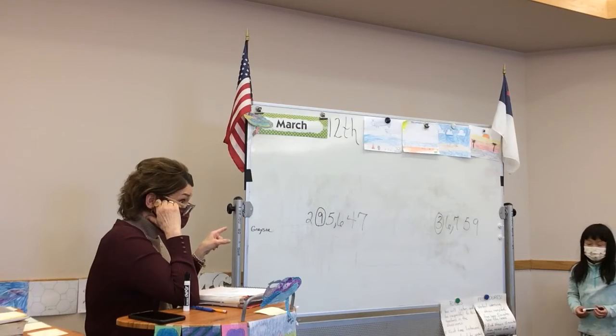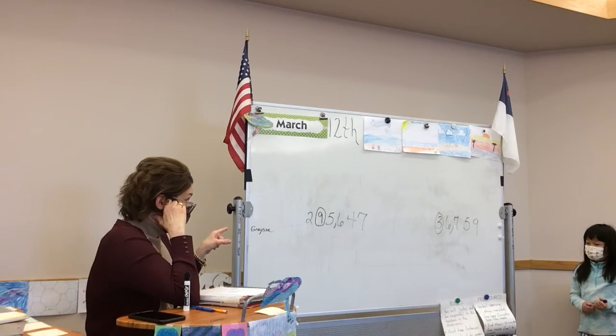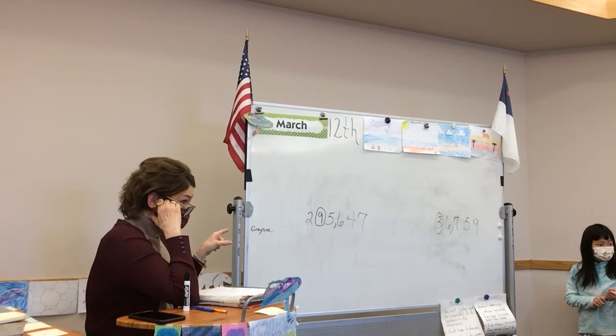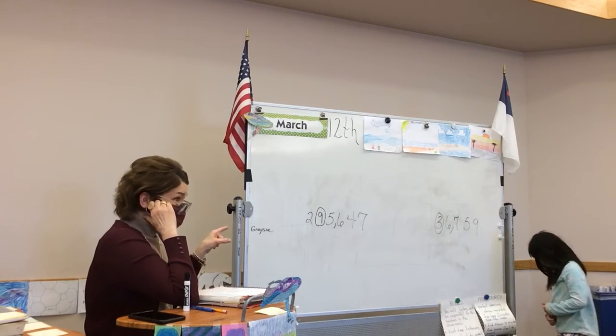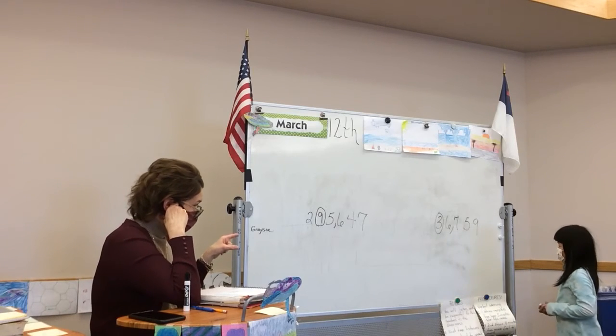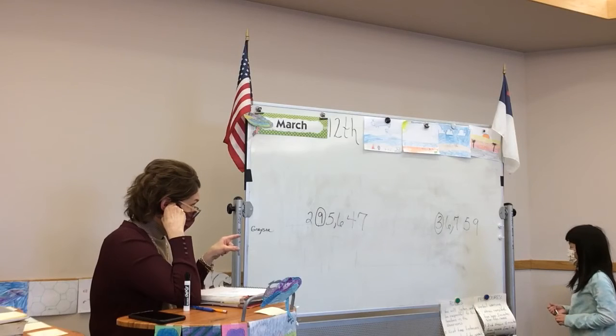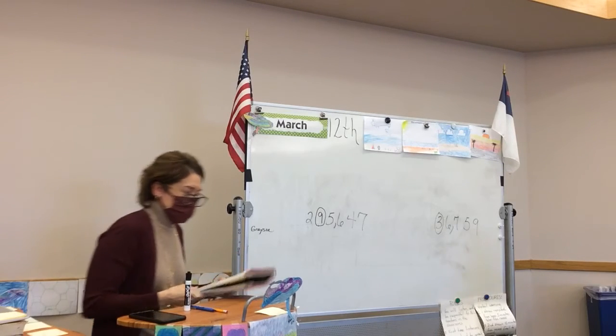Can you say that? 295,000. Say that. 295,647. Good. Excellent. All right, Winsheen, what is your number? 36,759. Beautiful.